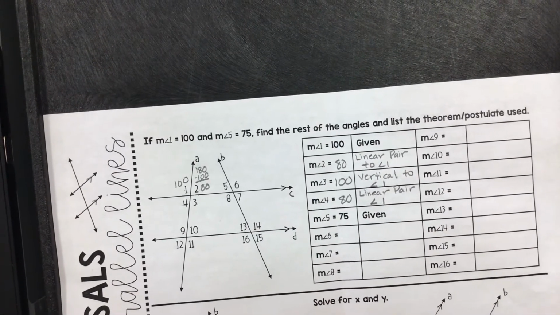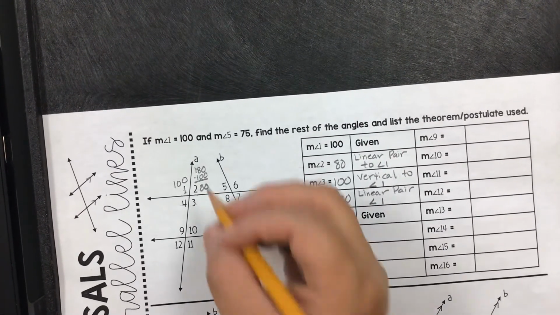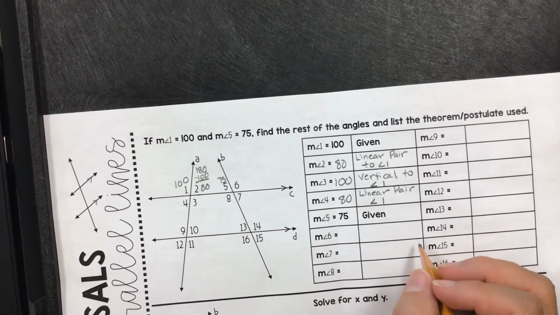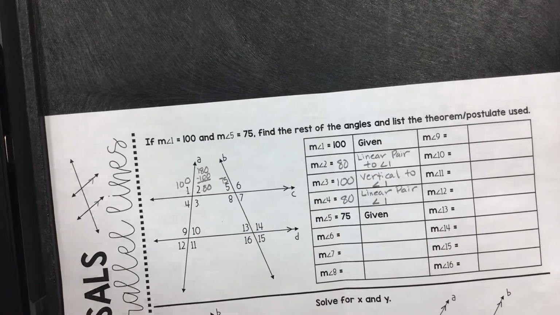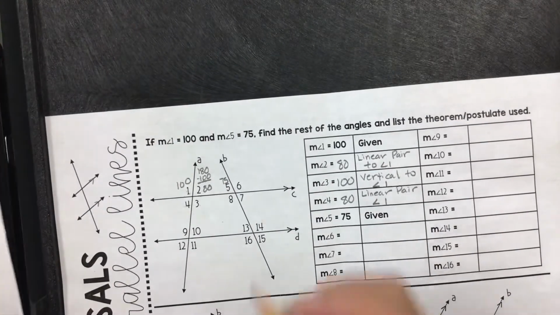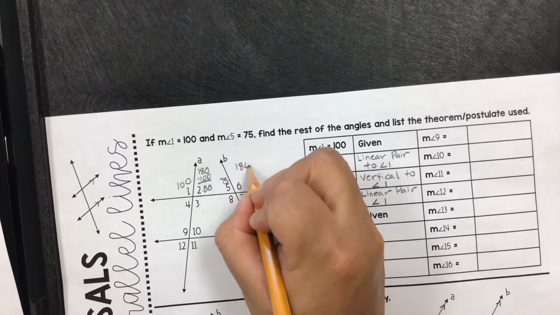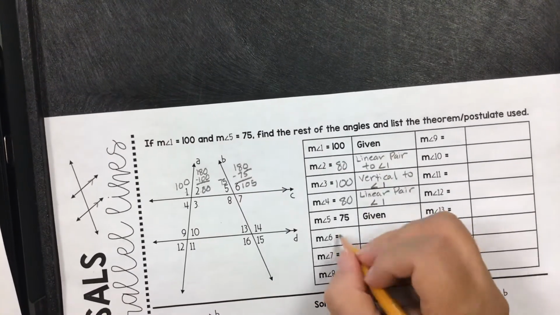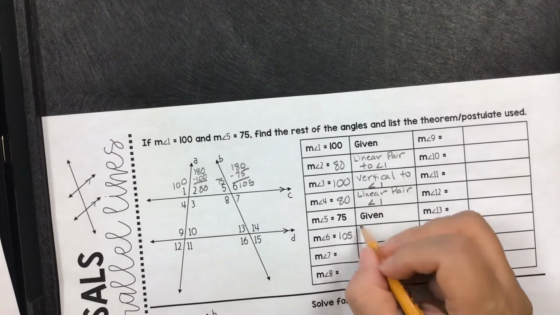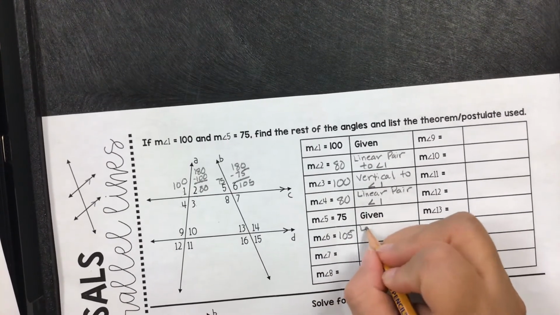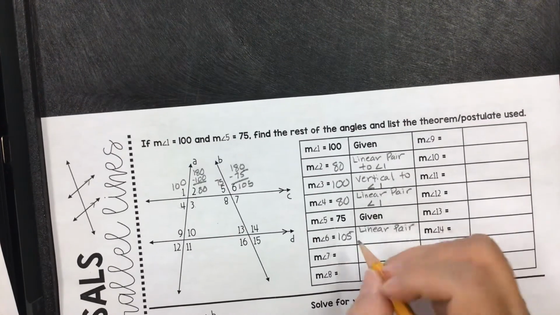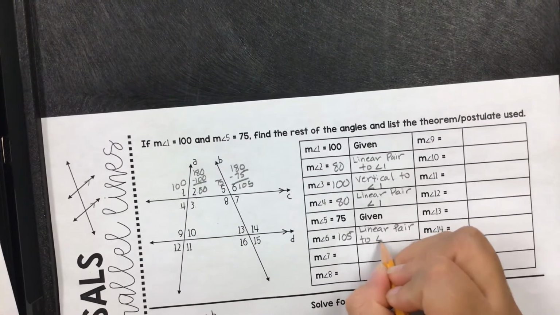Okay, on number 5, it says that it's 75 degrees. To get angle 6, we're going to have to subtract that from 180. So 180 minus 75 gives you 105. And that's because it's a linear pair to angle 5.